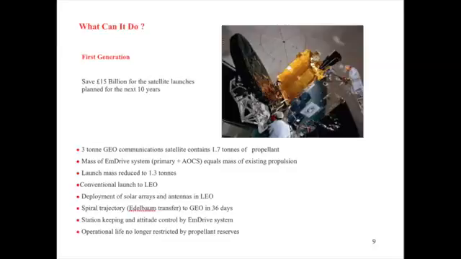Once you're in orbit on the station, you can use the technology for station keeping and attitude control, and this means that you no longer are restricted by the reserve propellants for operational life. It does give you the opportunity of having much longer operational life for your satellite.